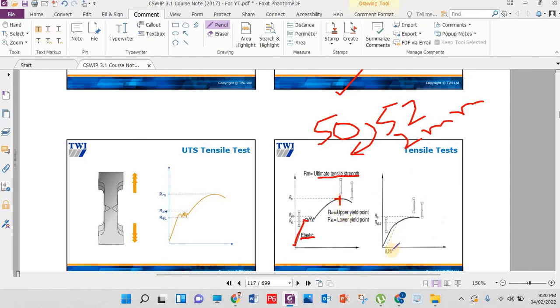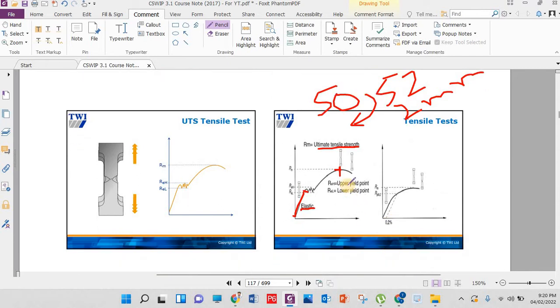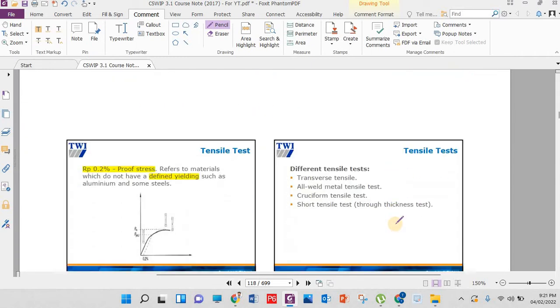Okay, and if we know the yield point, it means the property of the material, then this figure will be used. And for some materials we don't know the yield point. If in the paper he says a material's yield point is not given, then whichever percentage you need to mention, you need to mention 0.2%. Okay, I will show you here.